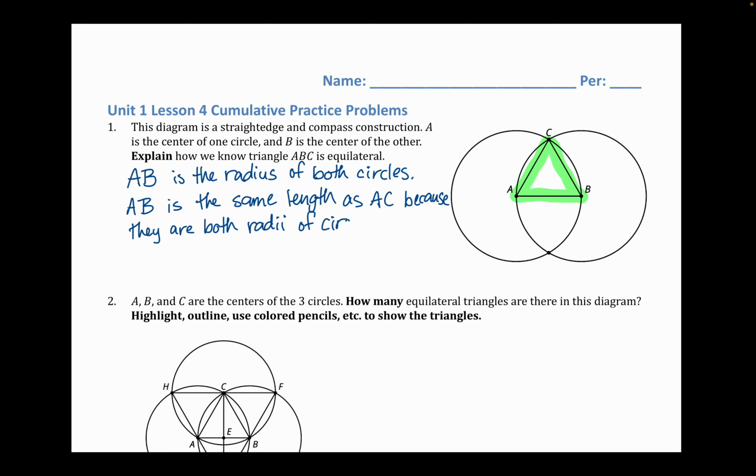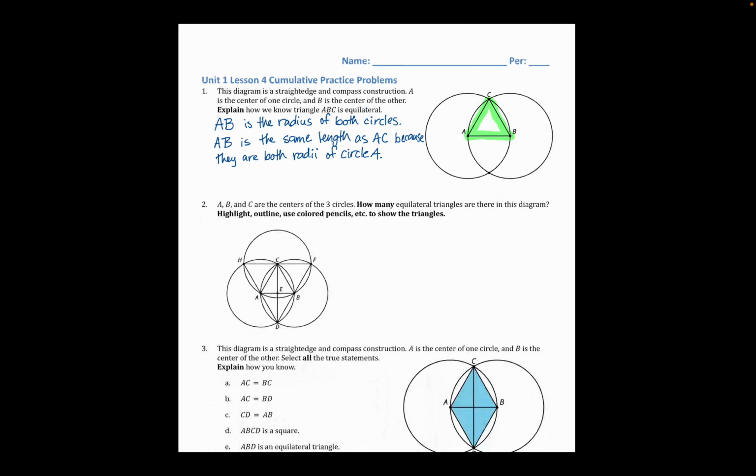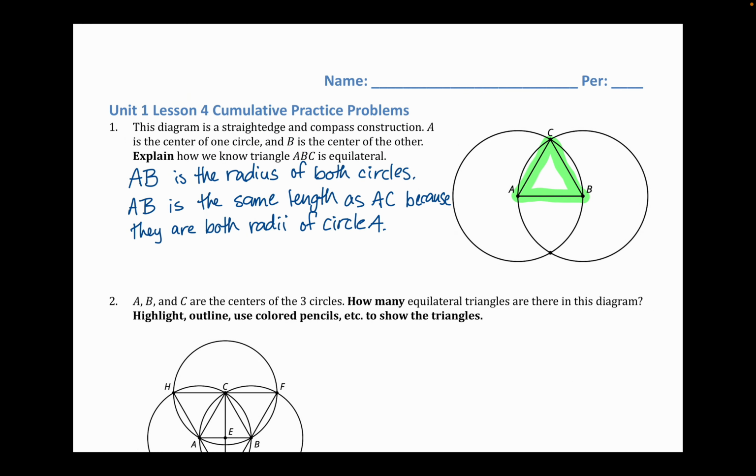And we're going to be able to say the same thing about two segments being the radius of circle B. So that's going to be BA, or AB, and BC. Oops, didn't mean to zoom out like that.